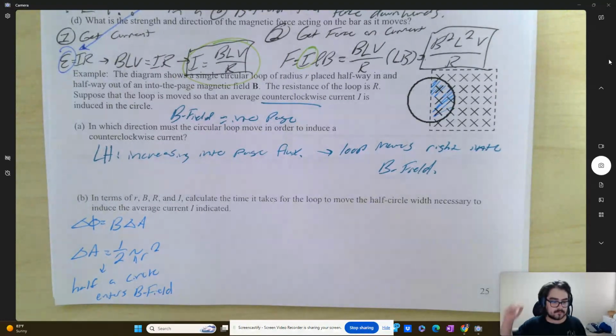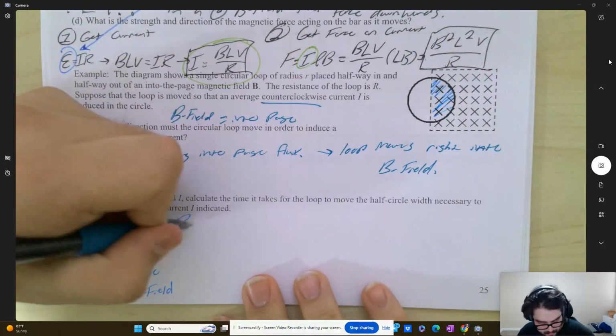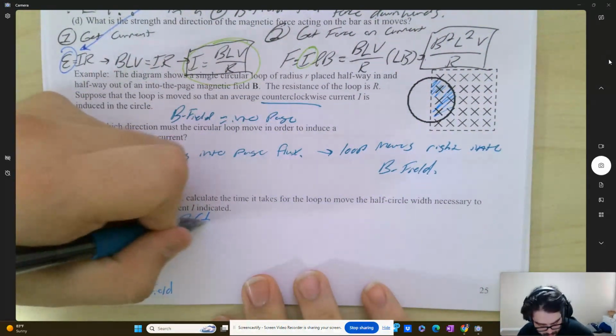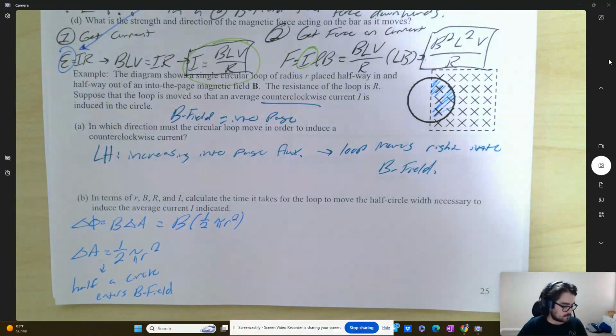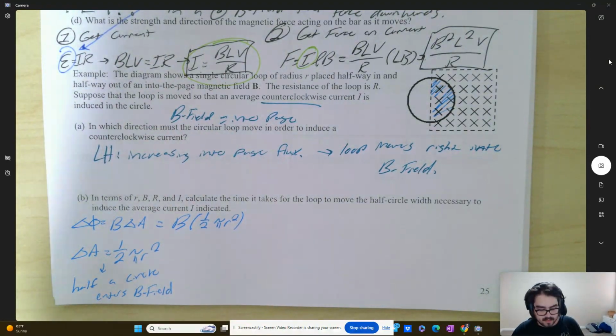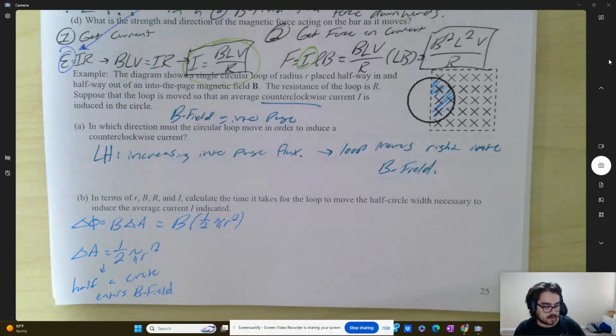So this expression becomes B times 1/2 pi r squared. That's the expression for the change in flux.